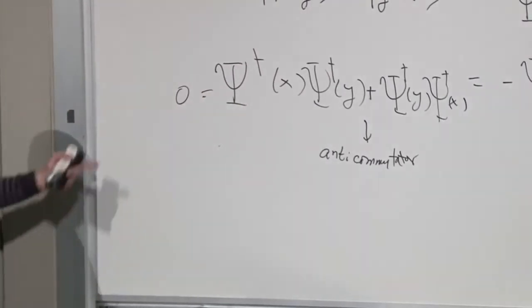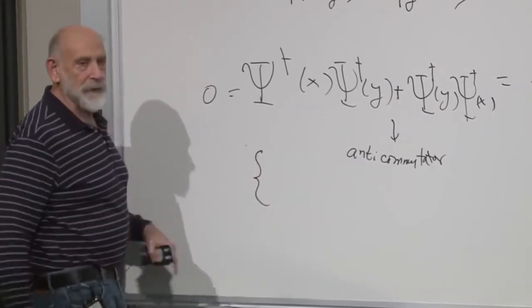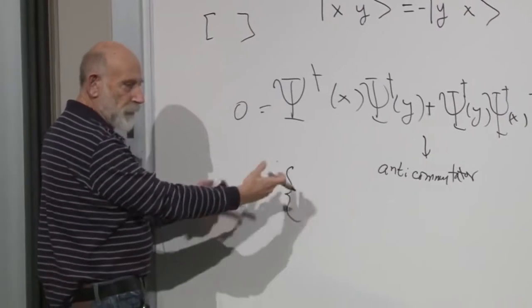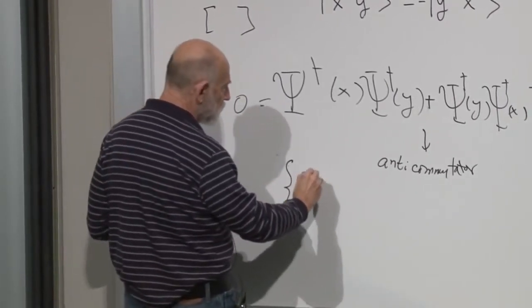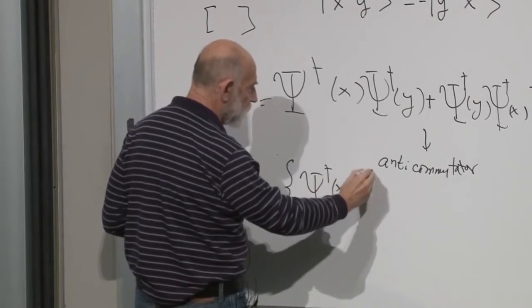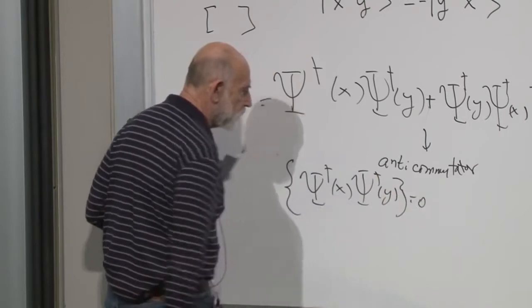And it's usually written, instead of a square bracket, with a curly bracket: psi dagger of x, psi dagger of y equals 0.